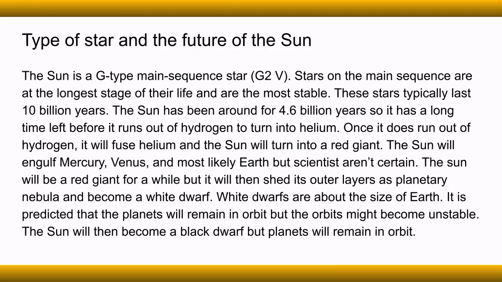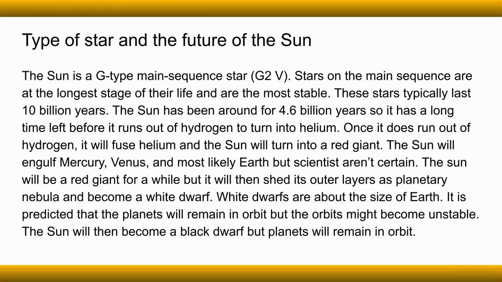Type of star and the future of the sun. The sun is a yellow dwarf, but I looked up how NASA described it. I guess this is supposed to be the more specific type of star: the sun is a G-type main sequence star, or G2V.